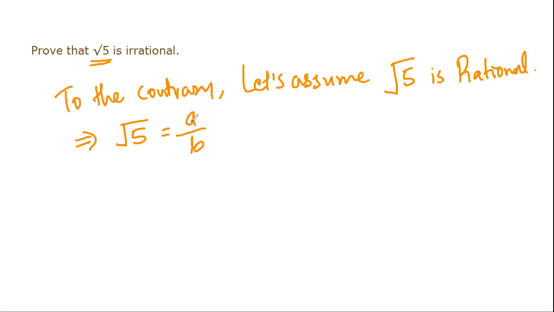Now I am reducing this by its common factors. I am dividing the HCF of a and b from its numerator and denominator. That means I am rewriting this as a divided by HCF of a and b, and b divided by HCF of a and b.